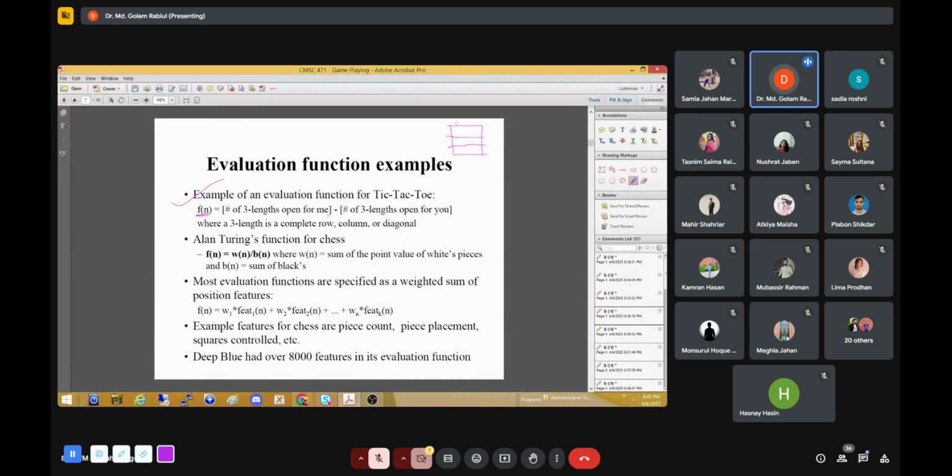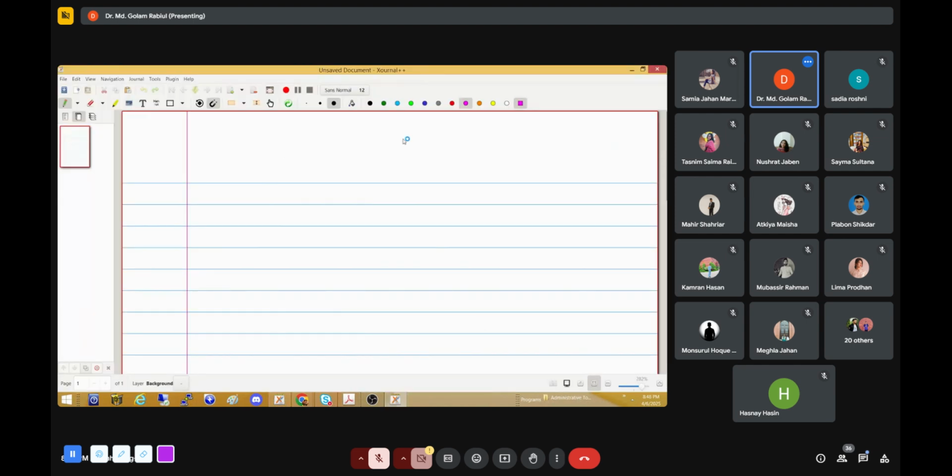Like if we consider a board like this. Here is a board, that is a tic-tac-toe board, and we want to find out the evaluation value, like this x for me and maybe O for the opponent.